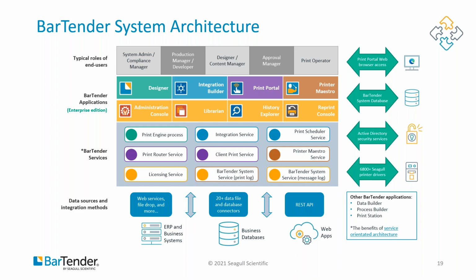Of course, we're also leveraging Windows Active Directory for security services. And when printing, we can make use of the full set of over 6,800 Seagull Scientific printer drivers. So I just wanted to bring to mind that the BarTender system database is very much an important piece of the overall BarTender system architecture.